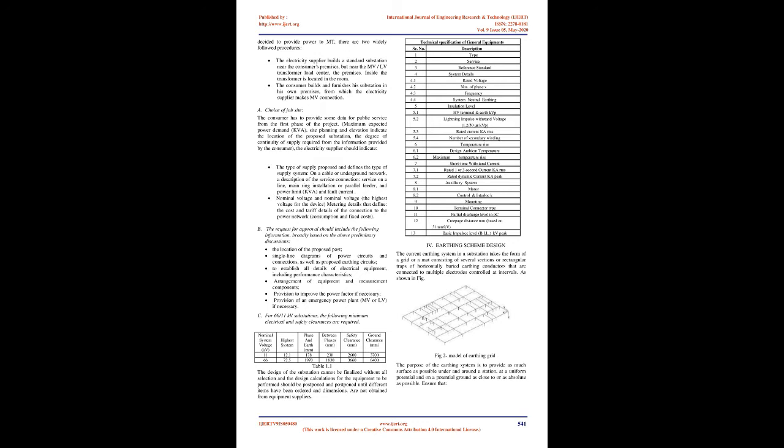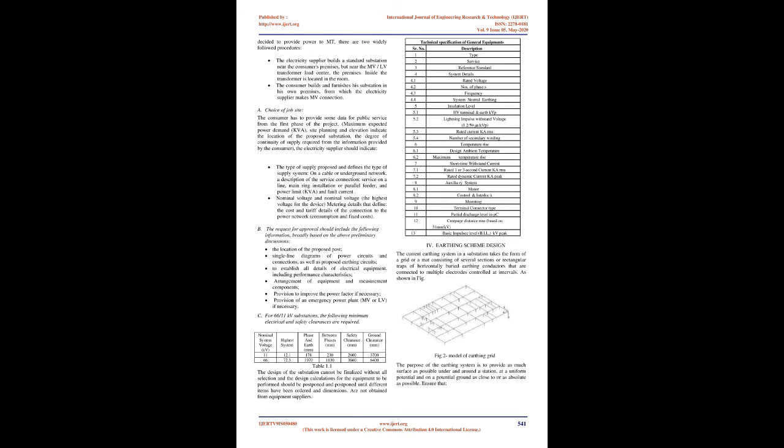A. Choice of job site. The consumer has to provide some data for the public utility from the first phase of the project: maximum expected power demand, kVA, site planning and elevation indicating the location of the proposed substation, and the degree of continuity of supply required.